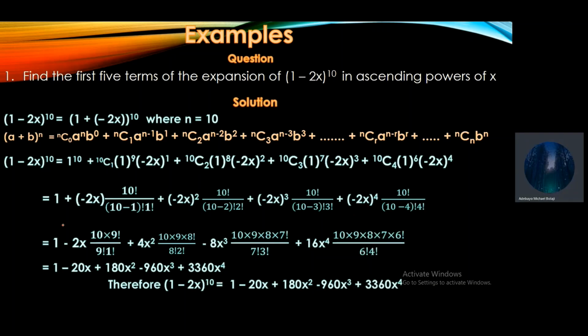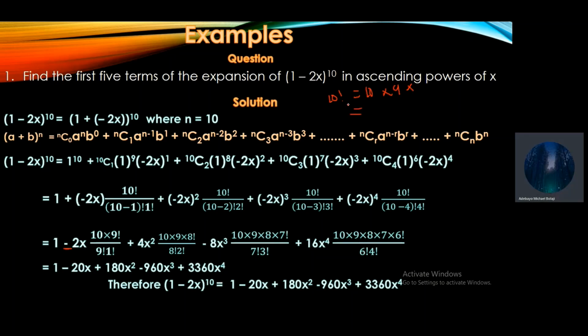Okay, now plus minus will give us what? Will give us minus, right? That's why we have minus here. Then we have 2x. Now 10 minus 1 will give us 9 factorial, right? So we can break this. I told you in the last class that 10 factorial means 10 times 9 times 8 times 7 times 6 and so on.